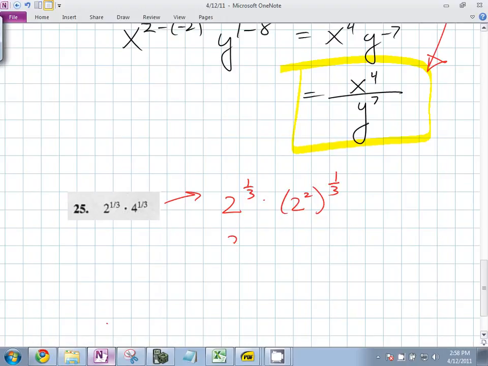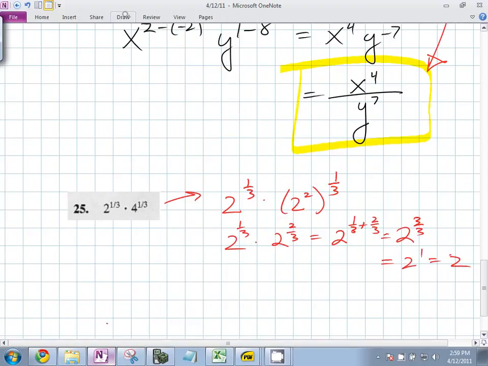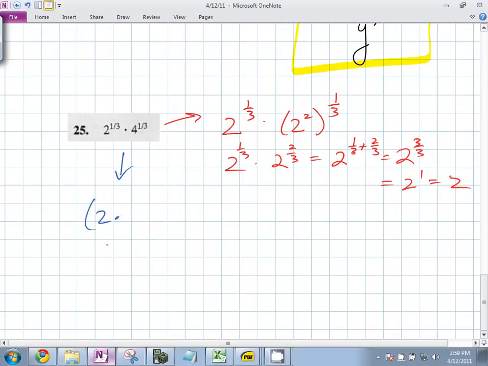So that's 2 to the 1/3 times 2 to the 2/3, which is 2 to the 1/3 plus 2/3, which is 2 to the 3/3, which is 2 to the 1, which is 2, right? Or one thing you can do, this is the same as 2 times 4 to the 1/3, which is 8 to the 1/3, which is the cube root of 8.